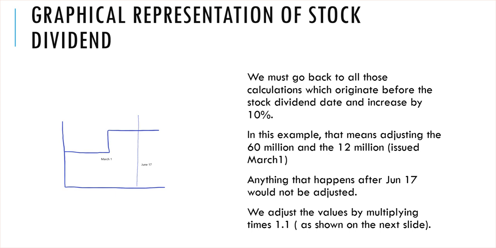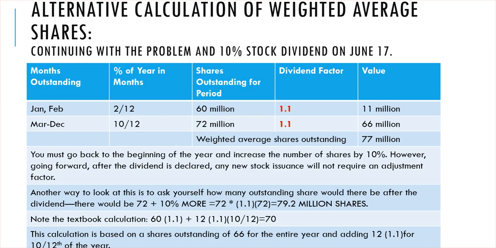This is called a dividend adjustment factor. So when you have your totals, which we had previously said was 60 and 10, and if you did it this other way, you would have done it by 2/12 and 10/12. You have to have a dividend factor adjustment calculated in there. This is the one I want you to concentrate on, not this business up here.